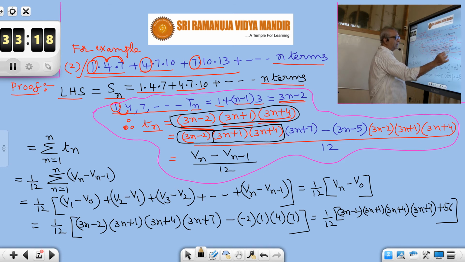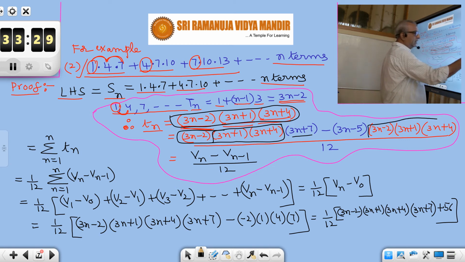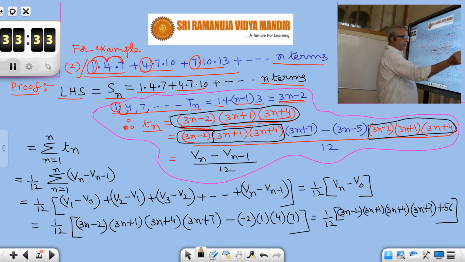I am going one step forward here: 3n plus 7. Similarly, same Tn, 3n minus 2, 3n plus 1, 3n plus 4, and I am going one step backward. One step backward means subtract 3 from this, 3n minus 5.